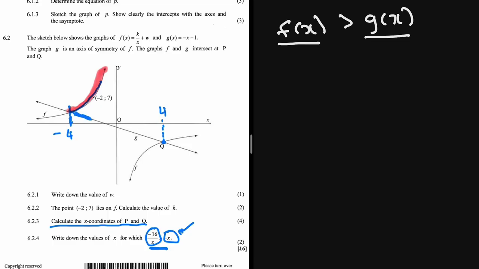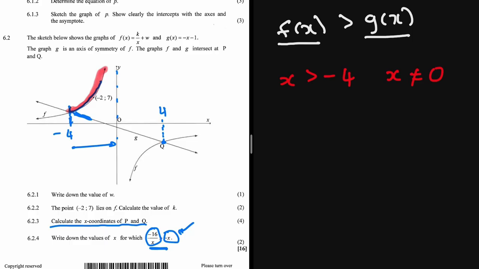Those values are from negative 4 up to the x-axis, but it does not touch the x-axis there. So we have x being greater than negative 4, but where x is 0 is not included, because that is the asymptote.